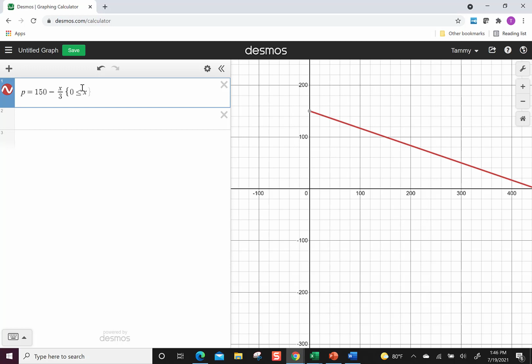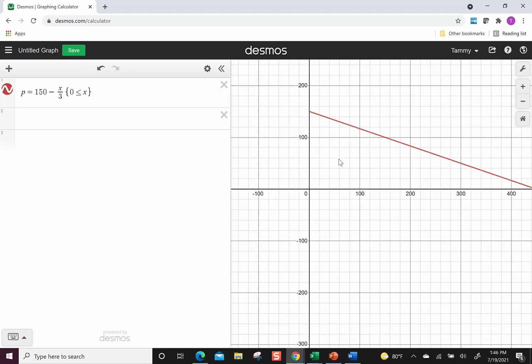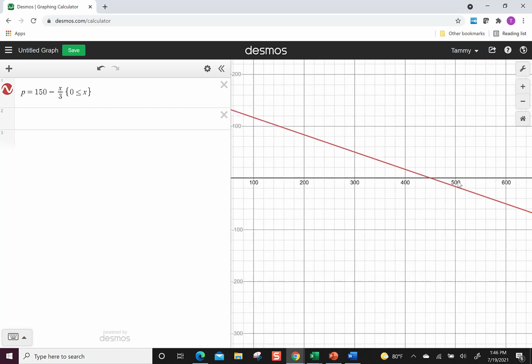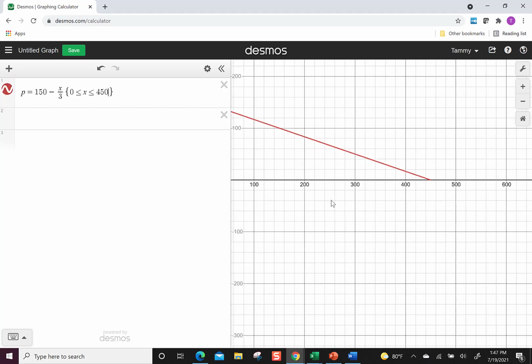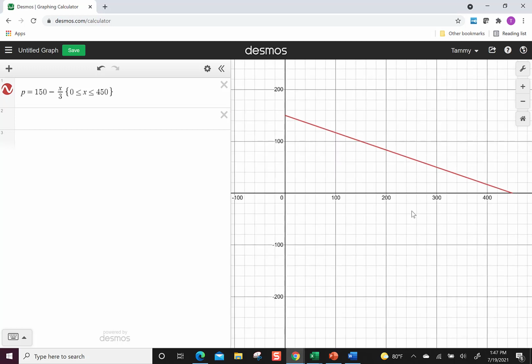But you could also go over, so let's pull our graph over, and when I click on the line, it tells me the intercept is at 450. So let's add that on our other side, less than or equal to 450. And now we have this nice line with a beginning and ending place to represent our function.